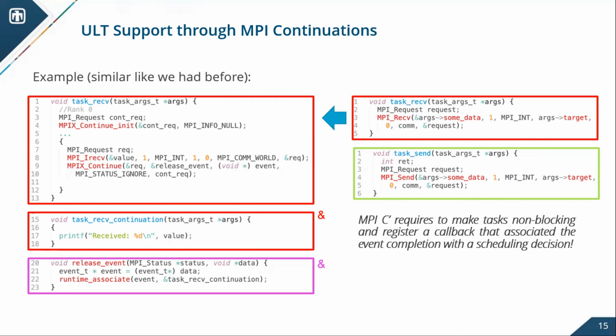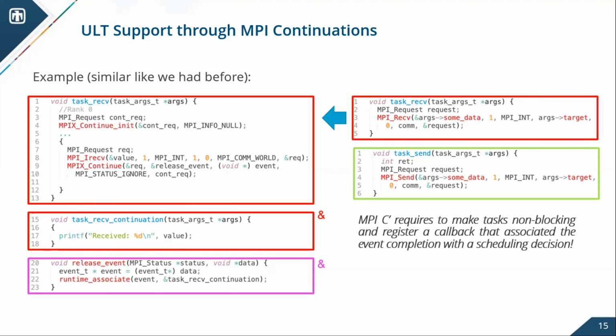Basically, you take your task that includes the blocking call and add continuations. To do so, you have to split your task into a task that issues the operation, and a task that would consume the data that comes in once the operation completes. So you have to split up your tasks to do this.